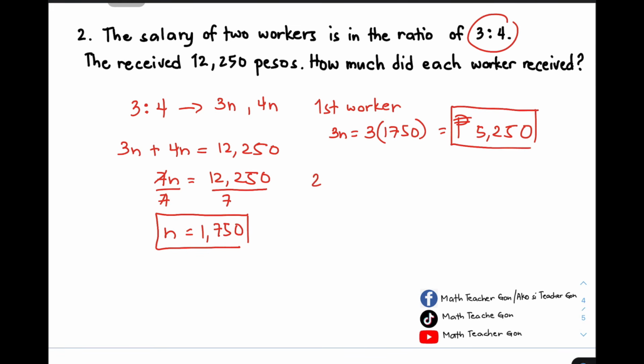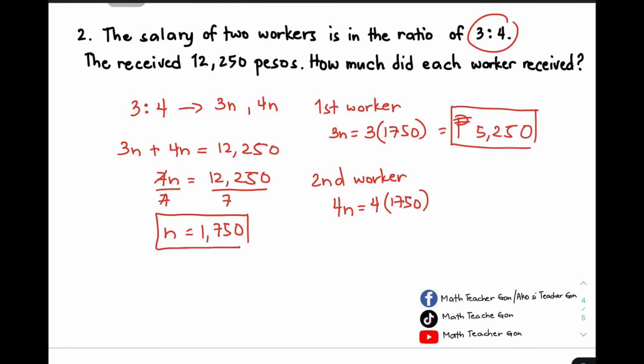And as for the second worker, pwede nyo naman gawin dito is to subtract 5,250 pesos from the total. Pero since meron tayo ditong representation for the salary of the second worker, which is 4n, ang gagawin mo lang naman dito is you will multiply 4 by the value of n, which is 1,750.